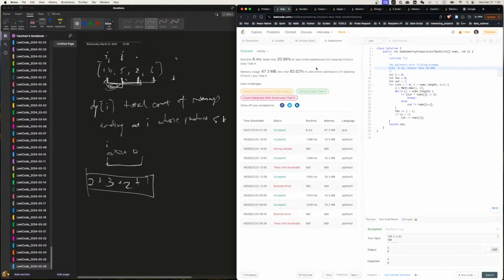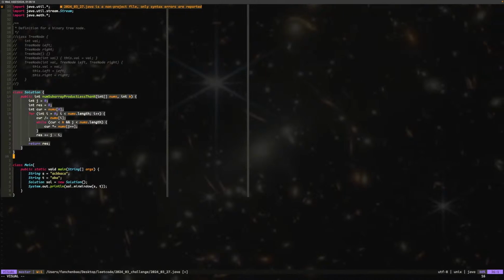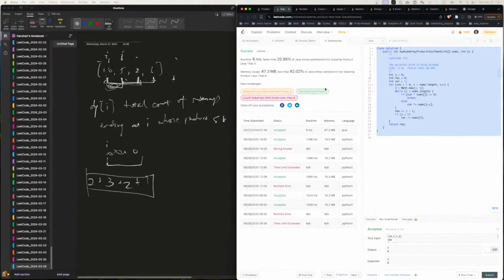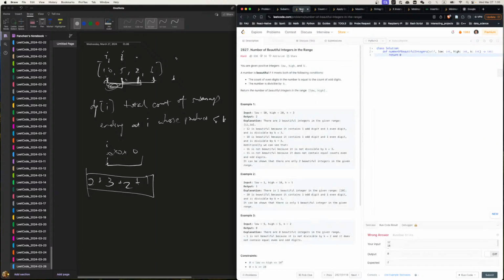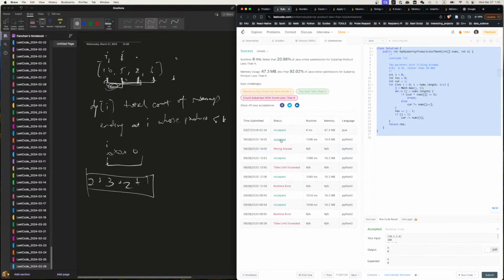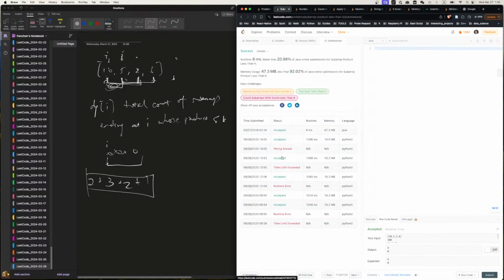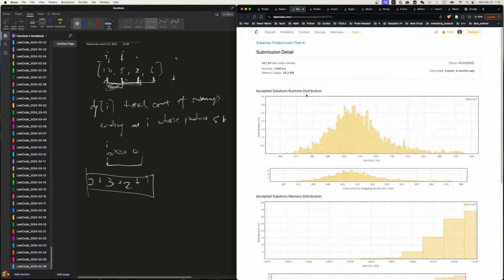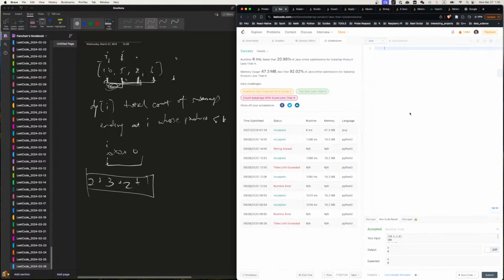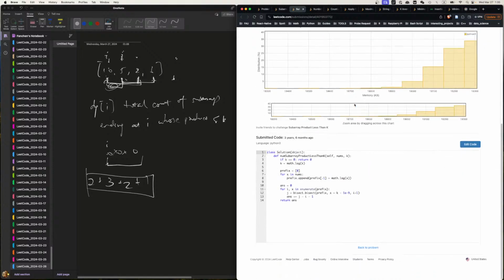Oh, master log n. What is this method? Math.log. Jesus. What is this math.log n stuff? I have definitely done more than one solution in the past.